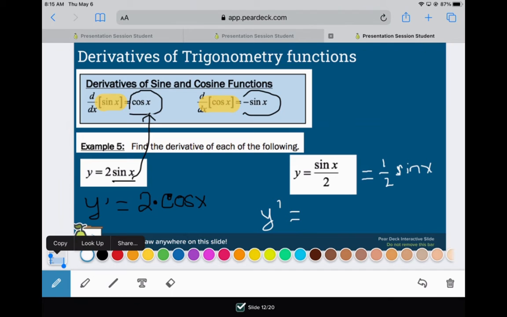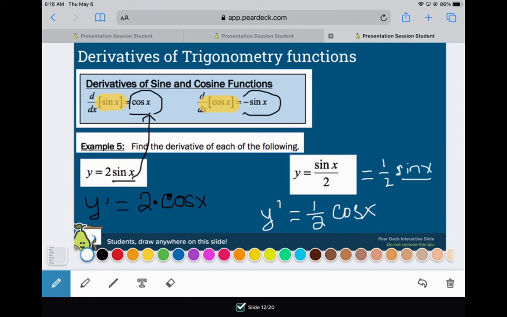Can you guess what that is, based on the rule that I gave you? Yes, Jessica, that is correct. It is 1/2, and the sine would turn into cosine. Yes, that is correct.